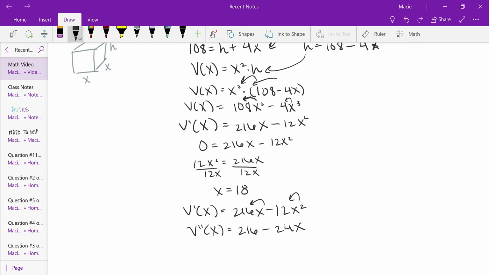Then we plug in our value, 18, to see if it gives us a negative or positive number.